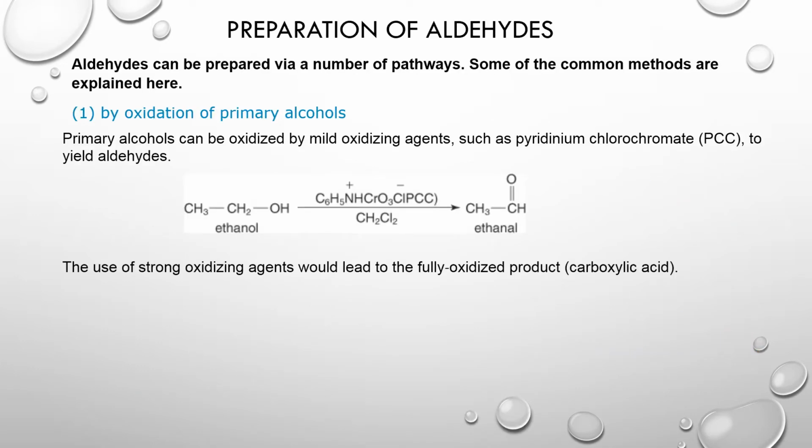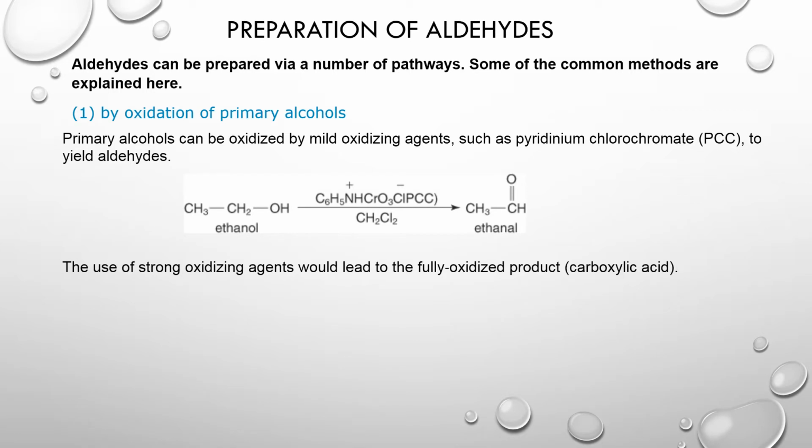Now let me discuss the preparation of aldehydes. Firstly, I will go through the oxidation of primary alcohols. Aldehydes can be prepared via a number of pathways, and some of the common methods are explained here.